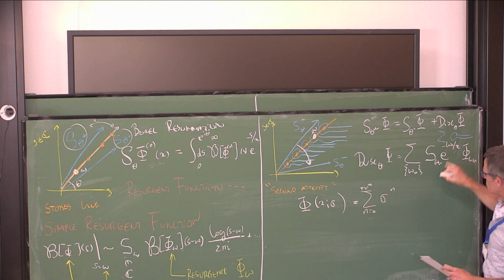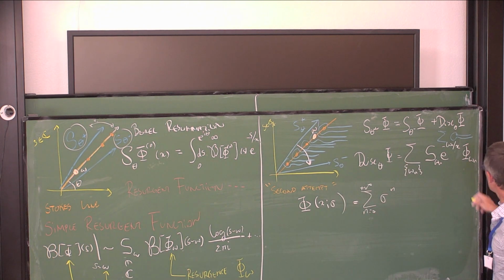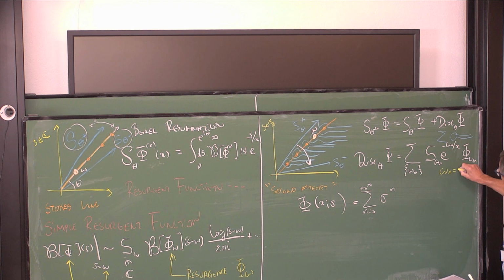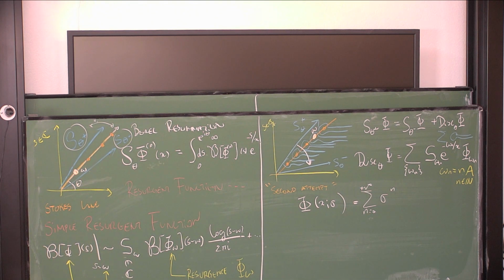So now I get all these exponentials, and I'm going to be now slightly more precise. So I'm going to consider that all these singularities are at some integer times A, being some positive real number, which will be the de-Broglie tension or the instanton action, whatever you want to call it.